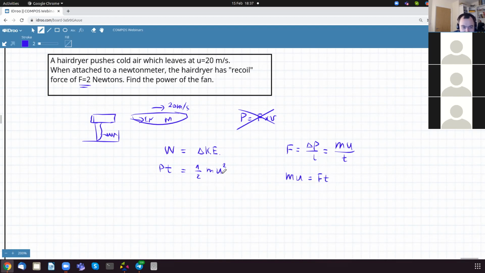Well, there are different ways we can do this. I would do it just like this. Pt is equal to 1/2 mu times u. Yeah, the mu squared is mu times u. So I take the mu and just plug it in here. So that's equal to 1/2 f u.